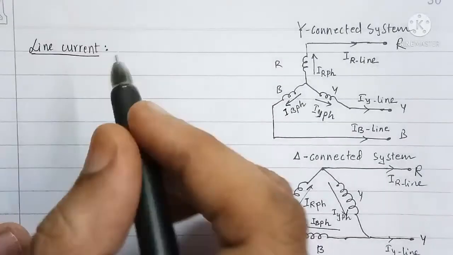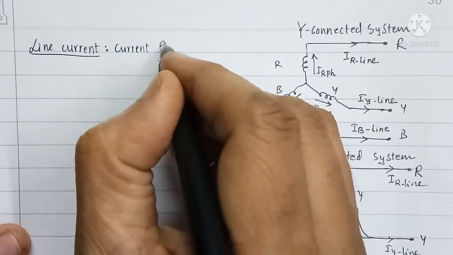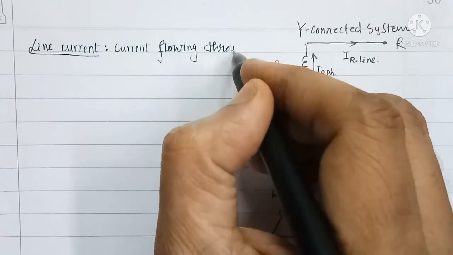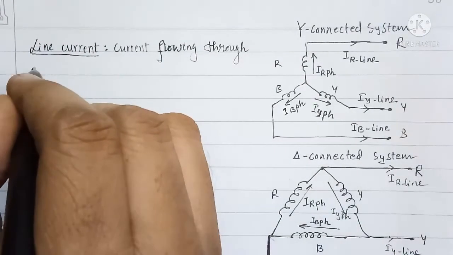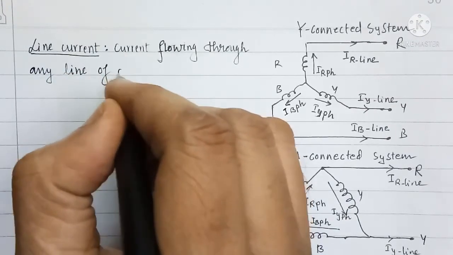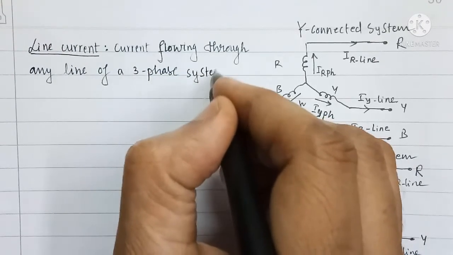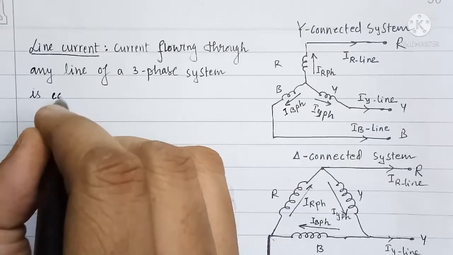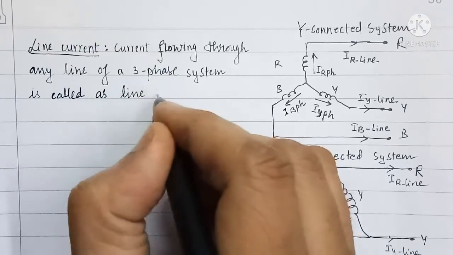Now write here: line current. Current flowing through any line of a three-phase system is called as line current.